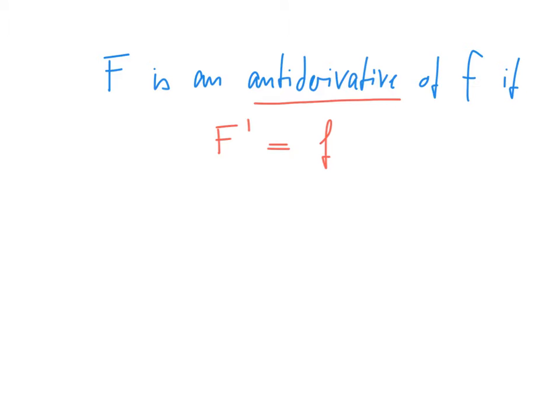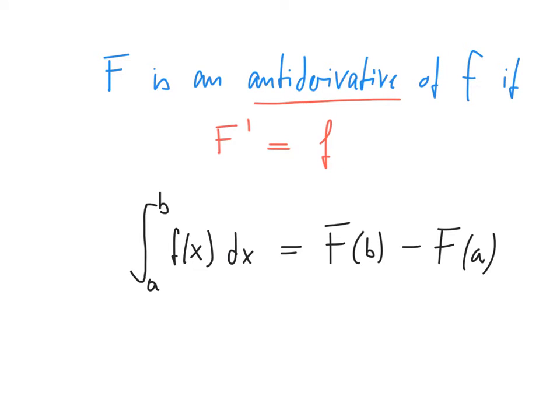Instead of taking derivatives, you go up, you look for antiderivatives. In other words, capital F as a function is an antiderivative of a function little f if capital F prime, the derivative of capital F, is little f.